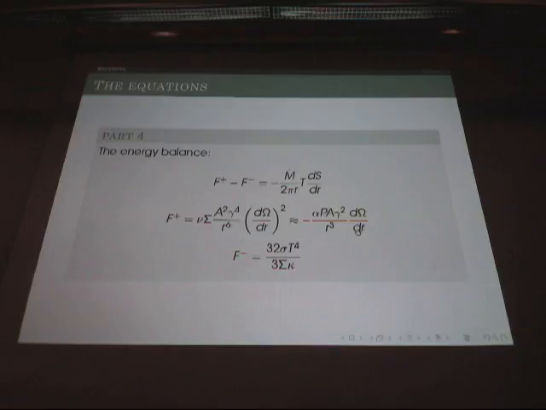You showed a quantity in the limit of vanishing m dot, where you had 10 to the minus 5 for the m dot, and you were saying that this curve does not converge to 0. It's different from 0. This is not radial velocity, it is the ratio of the energy advected versus emitted.